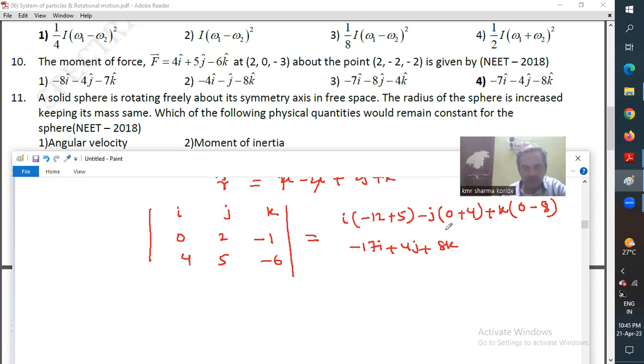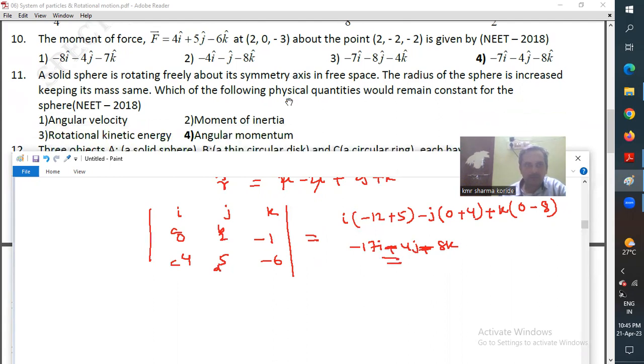Minus becomes plus, so therefore this is minus 4j. And in the last case, this is 0 but minus 8, AD minus BC. A, B, C, D, AD minus BC. This is minus 8. So therefore, the fourth option is correct.